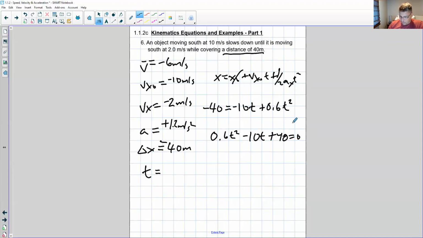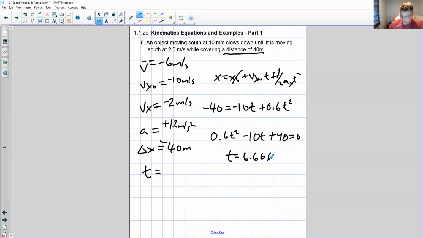So 0.6 x squared minus 10x plus 40. I'm getting time equals 6.66 seconds or 6.67 seconds.